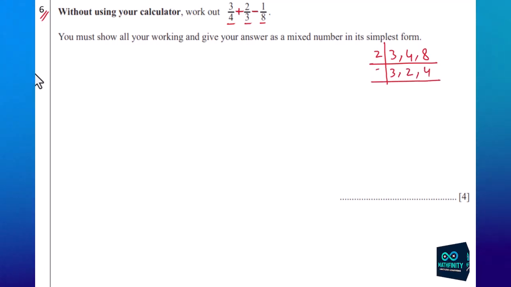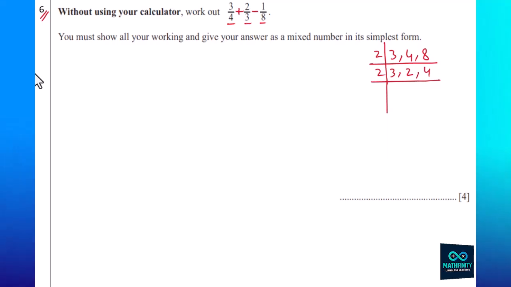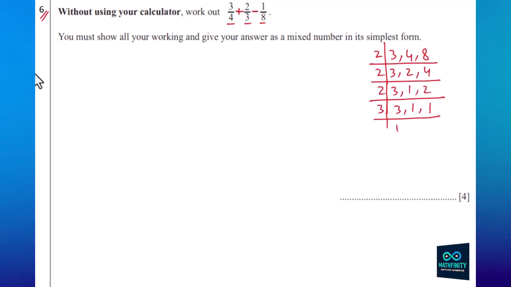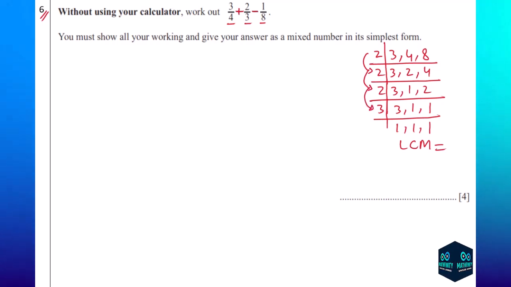Again I will divide by 2 because still numbers are divisible by 2. 1 and 2. Again by 2, 3, 1 and 1. Now I can divide by 3, 1, 1 and 1. So what is the LCM? 2 times 2, 4, 4 times 2, 8, 8 times 3, 24.